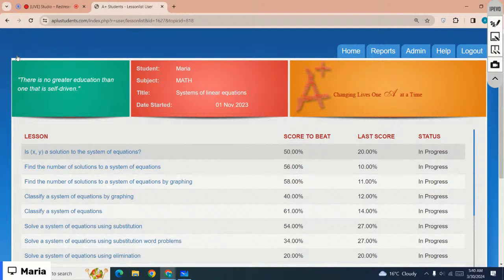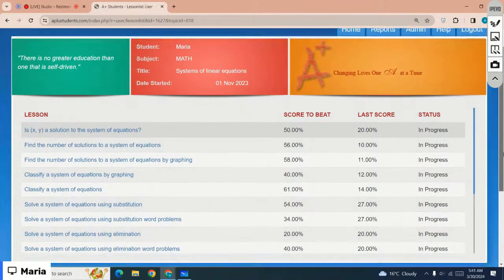The one we have just done is solve a system of equations using elimination.